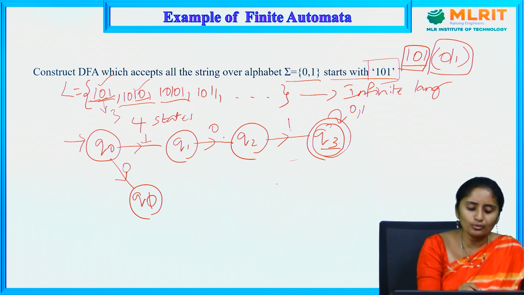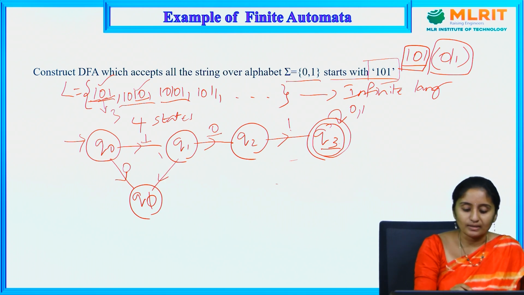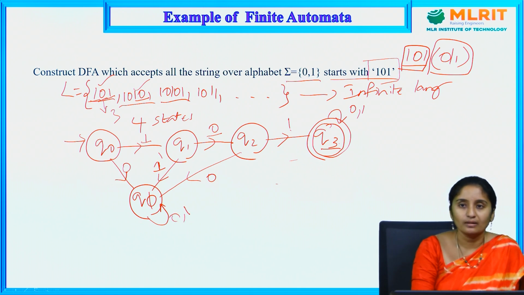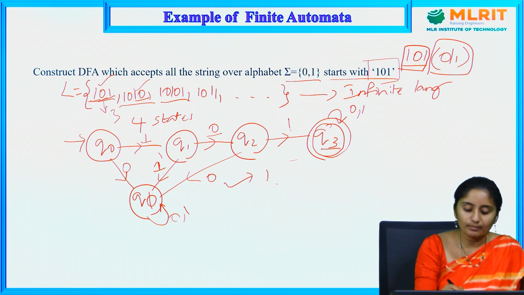Next, Q1 to Q2 there is only one input symbol, that is 0, so the other symbol, 1, goes to the dummy state. Next, Q2 to Q3 there is one input symbol, that is 1, but there is no 0 input symbol, so I can keep 0 here. Now the Q pi is also a state, so it should also have some transitions. So I am pointing it as 0, 1. Now this diagram is a DFA.